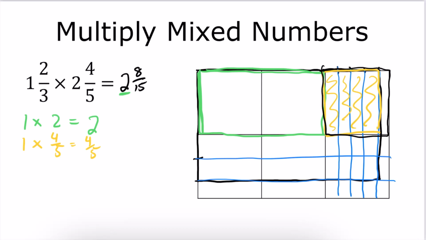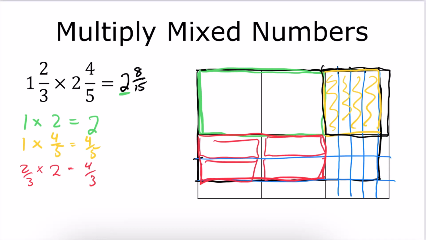Then I can figure out the area of this part right here, and that one is a distance of 2/3 and 2 units across. So that's going to equal 4/3, and we can see that's true because each one of these little rectangles is 1/3 of a square unit, and we have 4 of them.